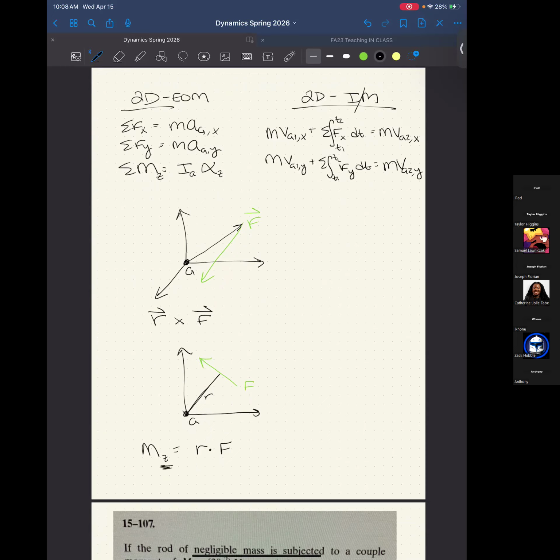But now this is scalar, we don't have to do a cross product. We don't even have to resolve F into the x component and the y component, as long as we know that perpendicular distance. Agreed?